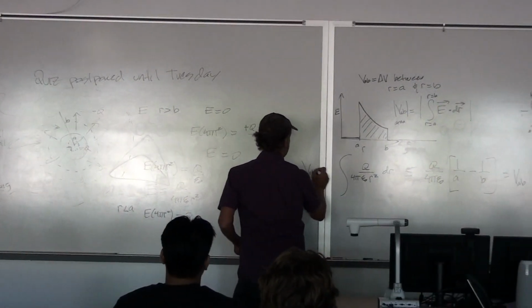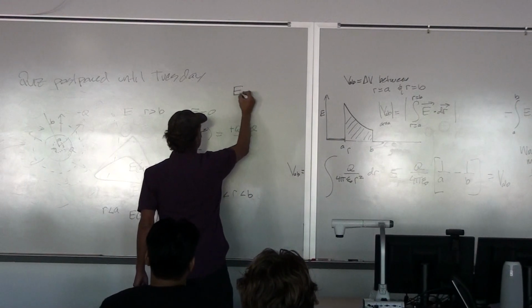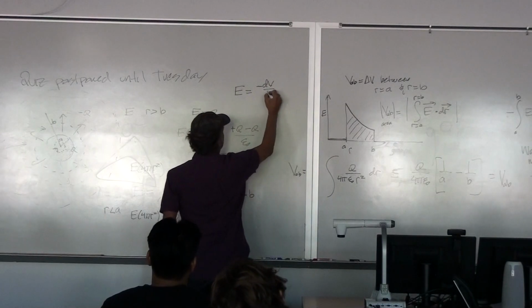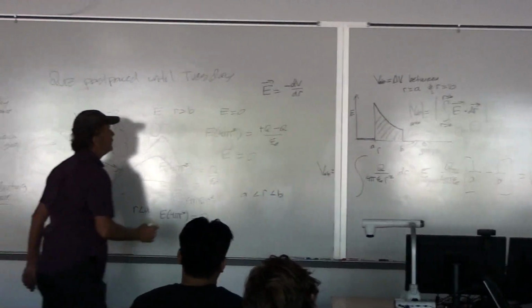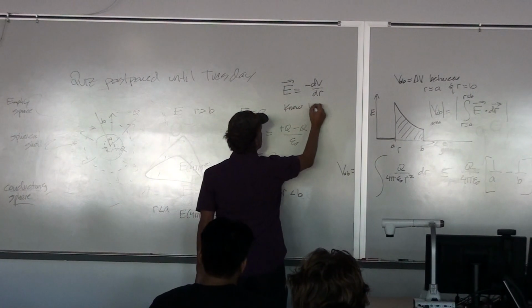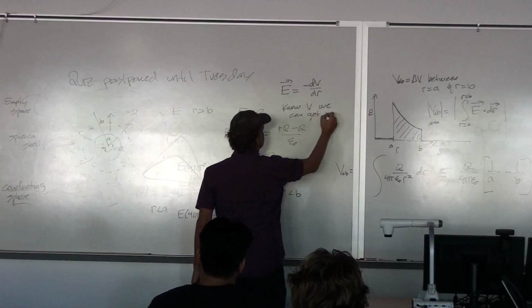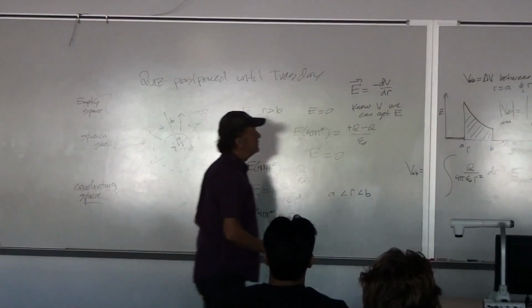In the problems that we looked at before, we were saying that if we know V, we can get E equals minus dV/dr. So this is, if we know V, we get E. But the other way is this way.